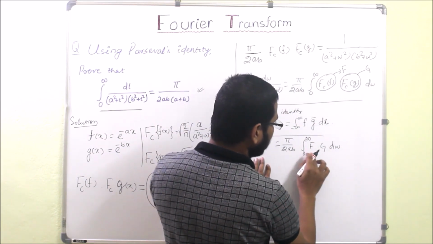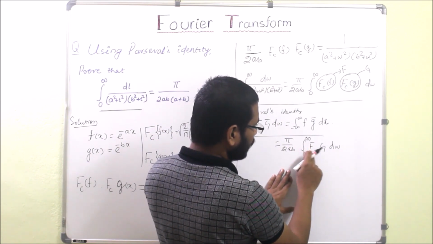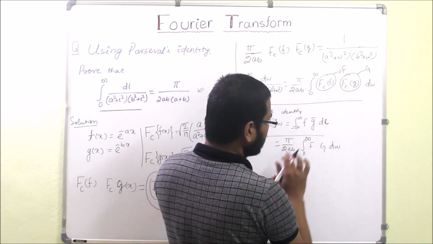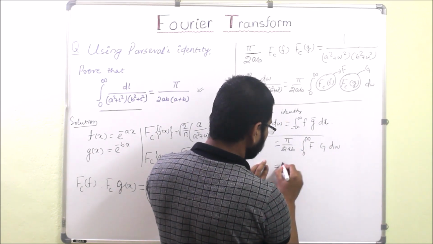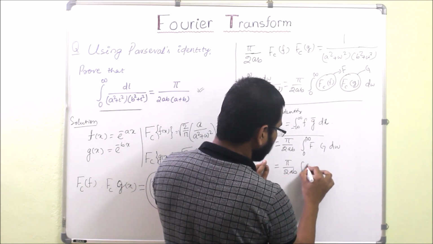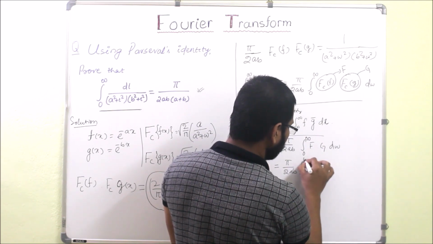Now for F into G, the corresponding function in terms of f and g will be pi by 2ab into the integral of f into g dx.